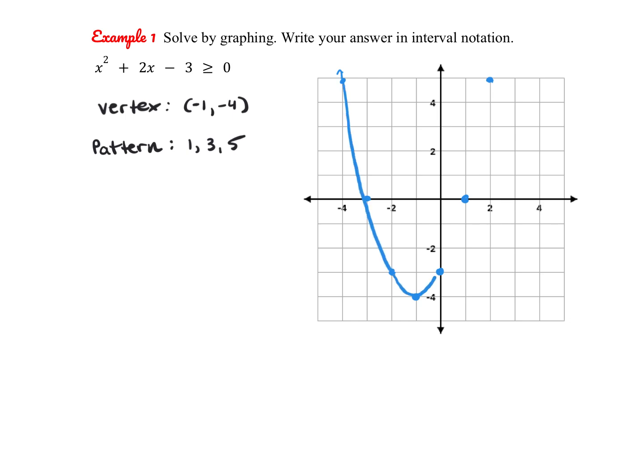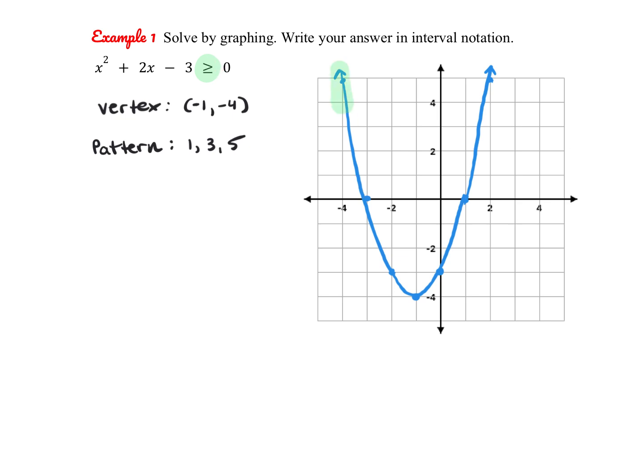All right, so here's what our parabola looks like. And now we actually have to interpret which intervals will be our answers, because again, we're not just looking for where it's equal to 0. In this case, we want to see where our quadratic equation is greater than or equal to 0. So since it's greater than, that means above the x-axis.